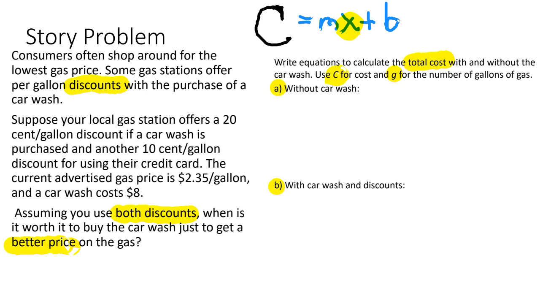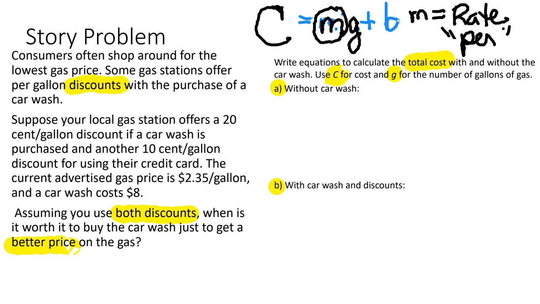So this will be a slope. G is going to represent the gallons. But don't forget, m equals rate, or per amount.